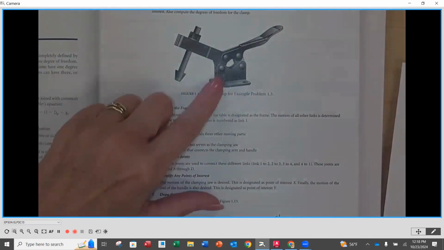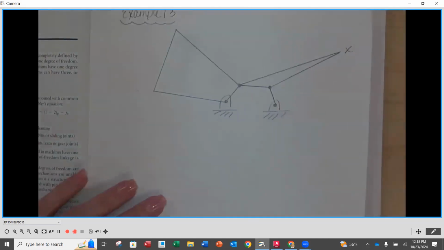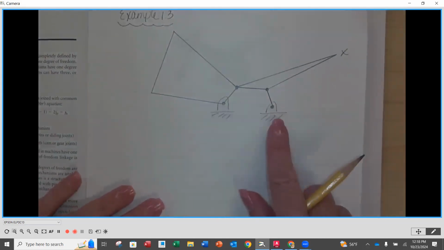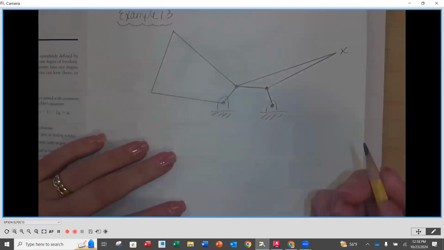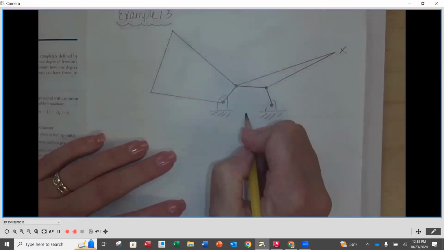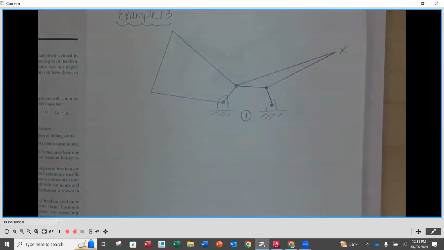So you will notice that those two connections right here, I represented with the standard frame symbol. And by identifying it as the frame, this is going to be link number 1, not a joint. It's link number 1. Even though it's not moving, it still is part of the mechanism.